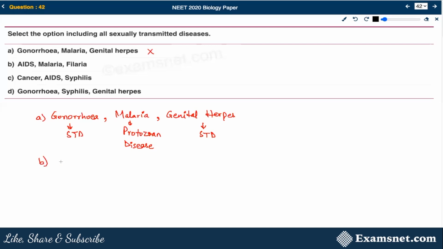Now let us take a look at the second option, which is AIDS, malaria, and filaria. AIDS is an STD.